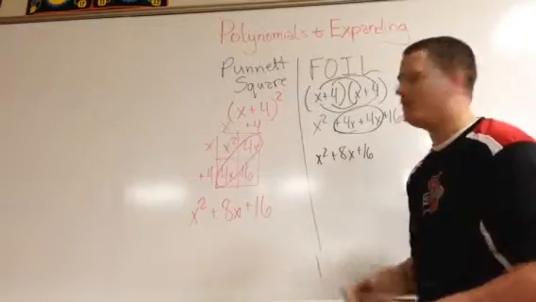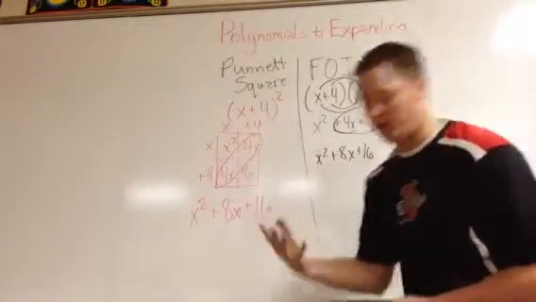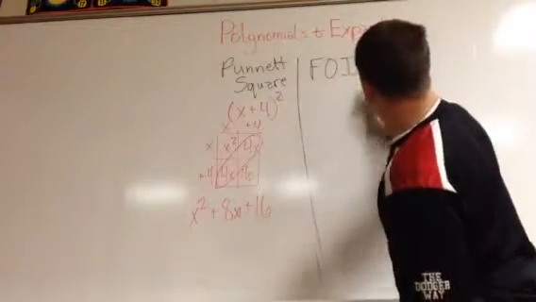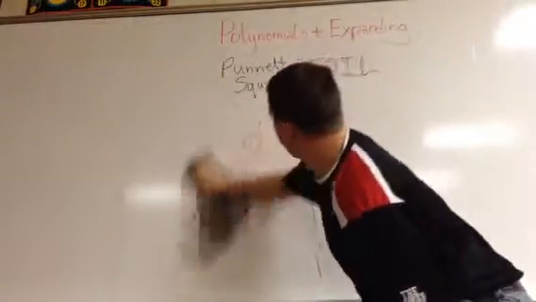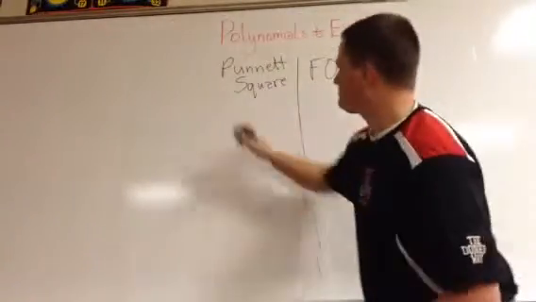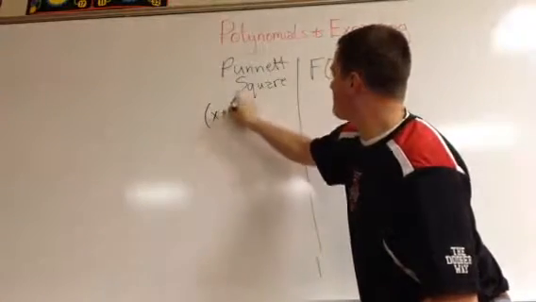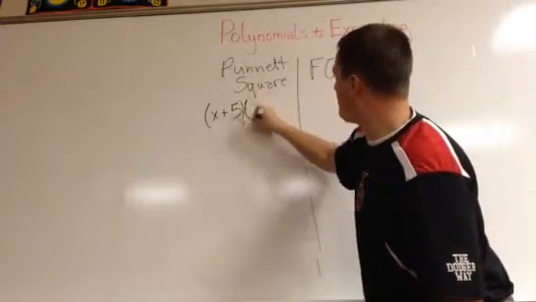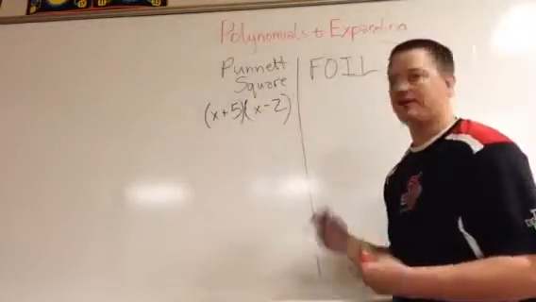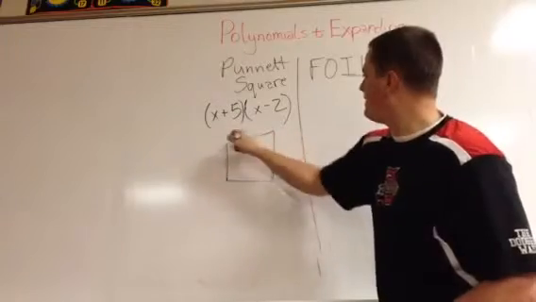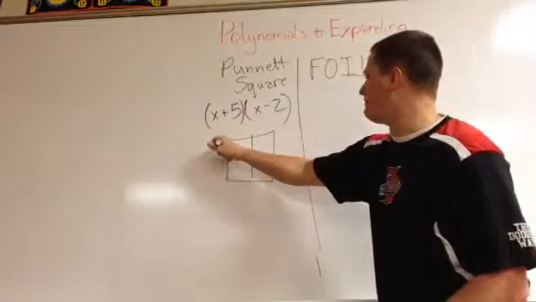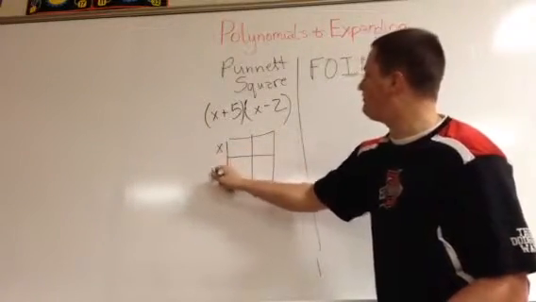I'm now going to do these two methods with another problem so you can see it again. X plus 5 times x minus 2. Make my Punnett square. I'll put the x plus 5 on the left side, positive 5.